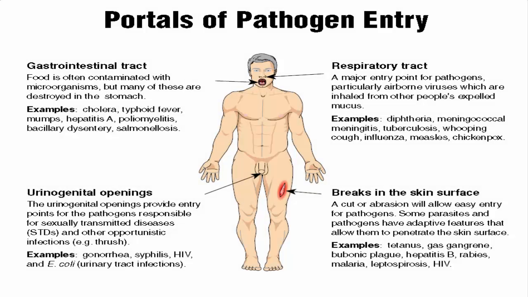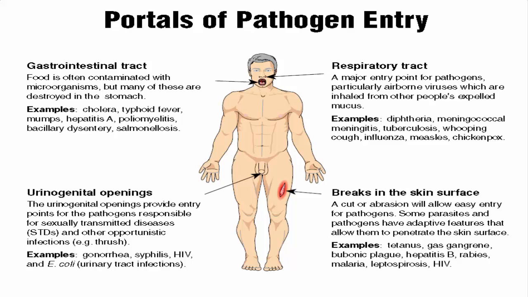There are various ways that pathogens can enter the human body. We will call these portals of pathogen entry. On your accompanying worksheet, A and B are referring to the gastrointestinal tract as well as the respiratory tract. In the gastrointestinal tract, food is often contaminated with these microorganisms, and many are destroyed in the stomach.